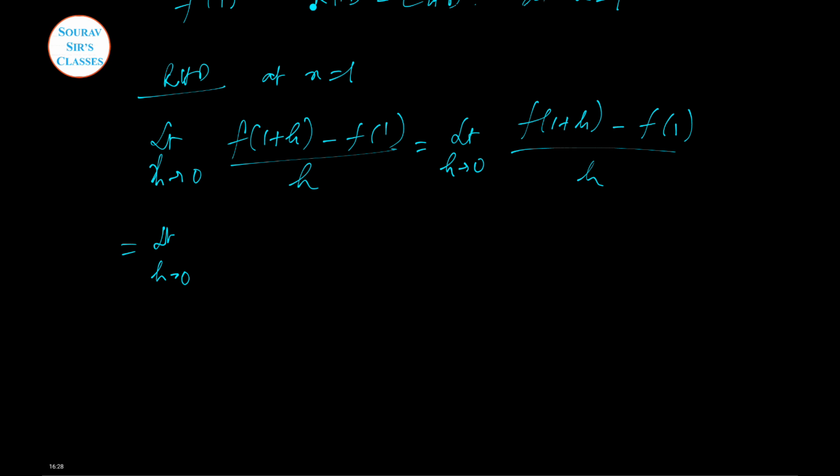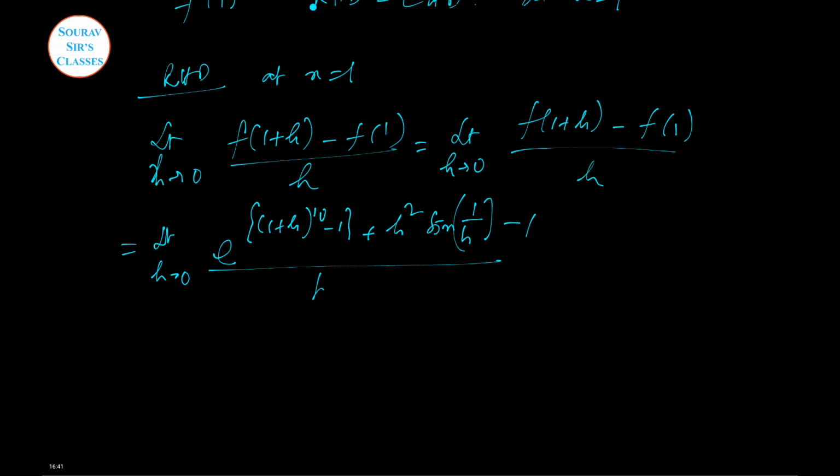Now we are putting the function, e to the power (1 plus h) whole to the power 10 minus 1, plus h square sin 1 by h, minus 1, divided by h. We can split the limit over here.